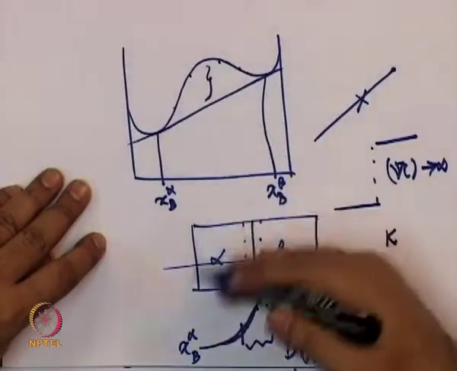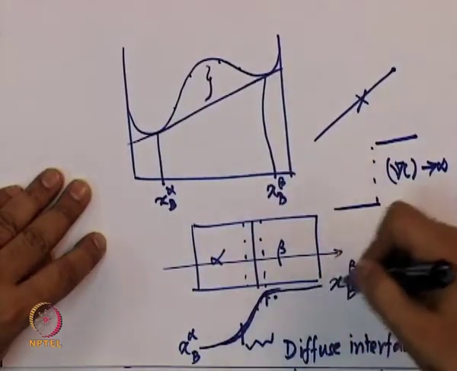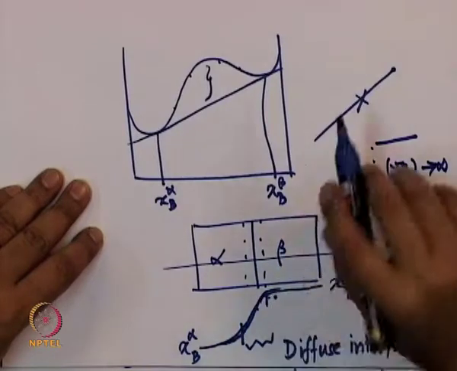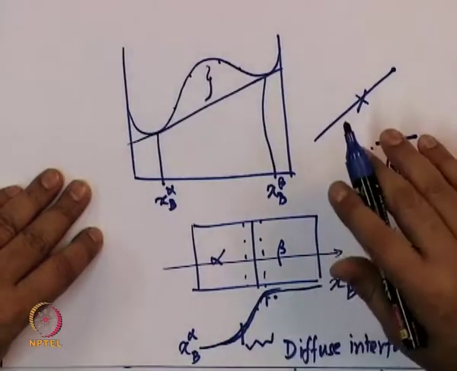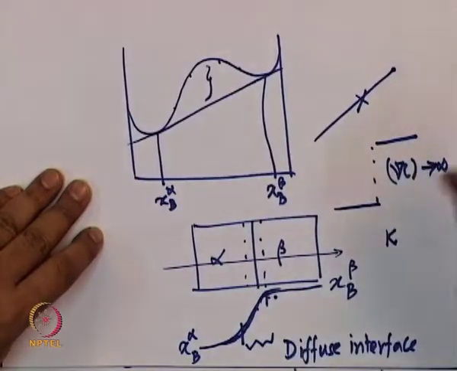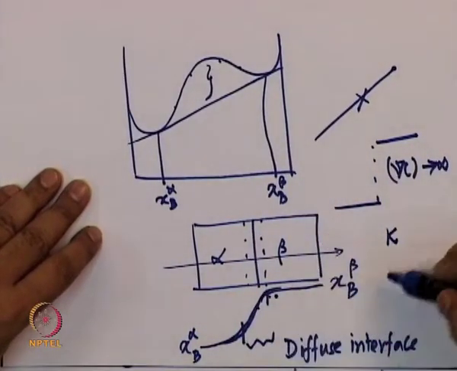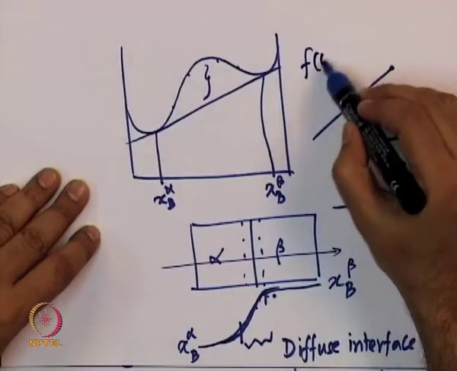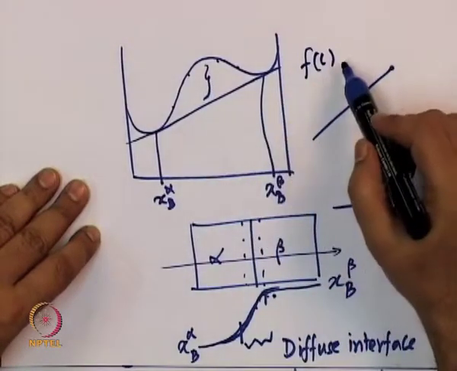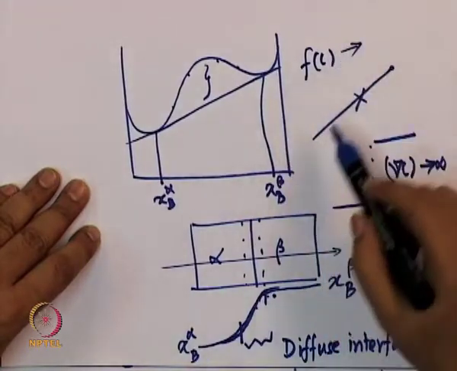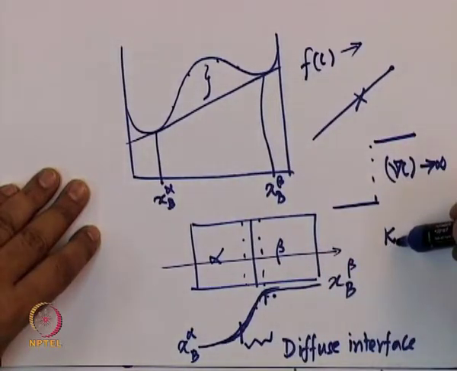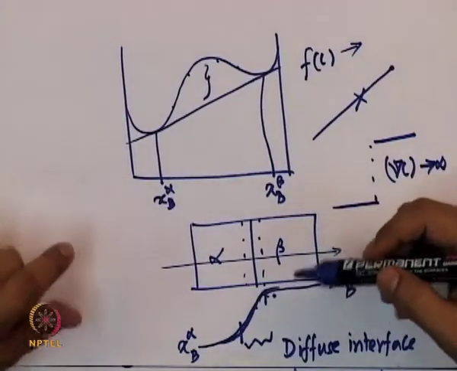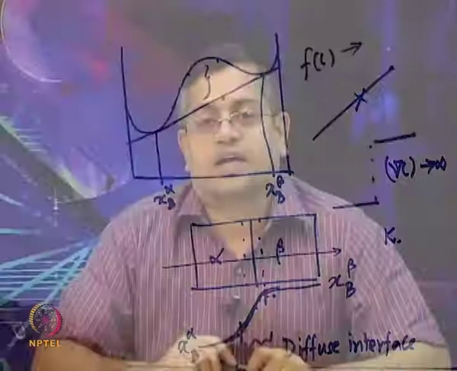So, the competition between the two, the balance between the two, is going to determine what the interfacial energy is going to be automatically from the system. So, once you have written the free energy functional, once you know what this kappa is, and in the f of c, which is where this term comes, the barrier is determined by f of c. Once this is fixed and once kappa is fixed, the system will take an interfacial width that is going to minimize the given free energy.